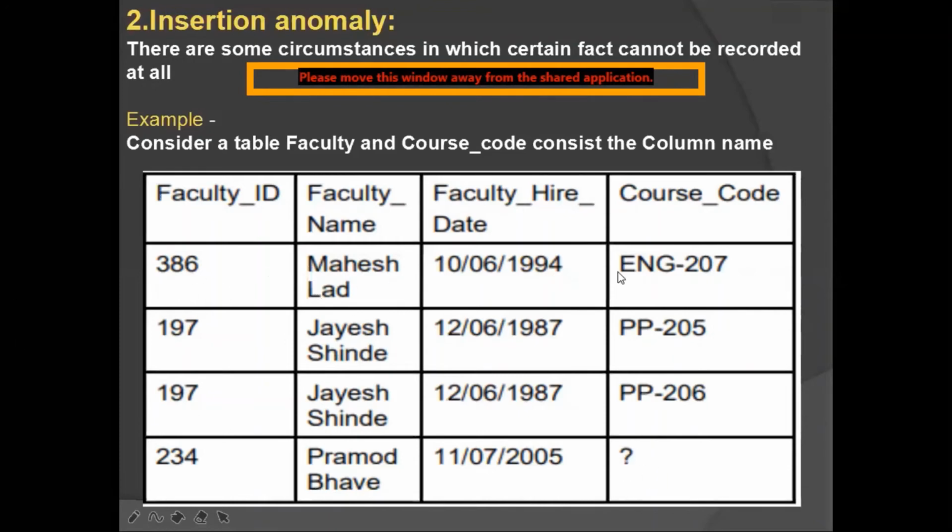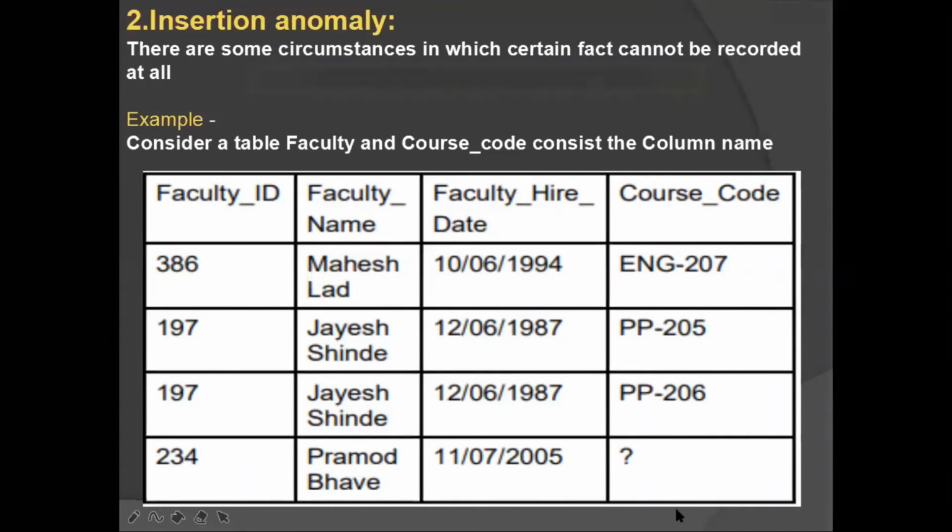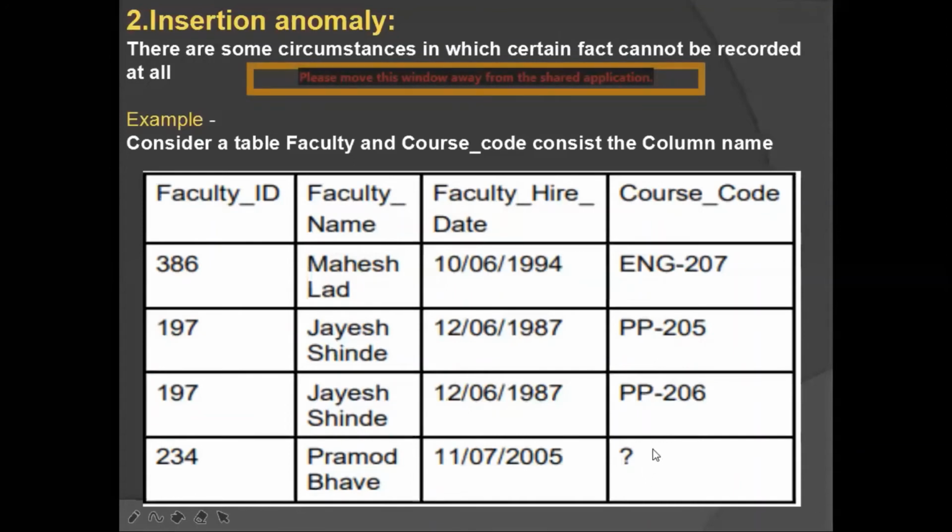So over here we have complete data that Mahesh Lad is taking this subject, Jayesh Shinde is taking this subject, and again Jayesh Shinde is taking this subject. One person could take two subjects as well. Okay, now where there is a problem is, suppose there was a new faculty who has joined our college, but yet the course is not being introduced to that particular person.